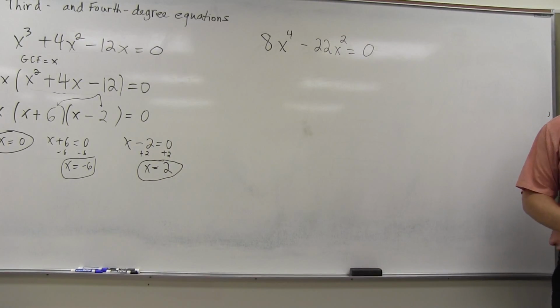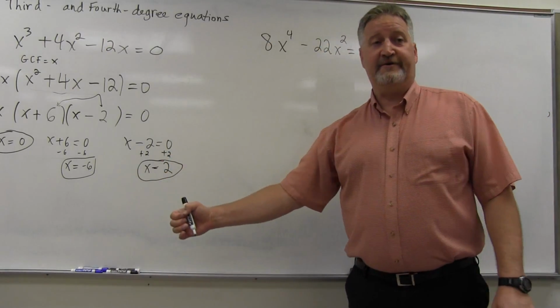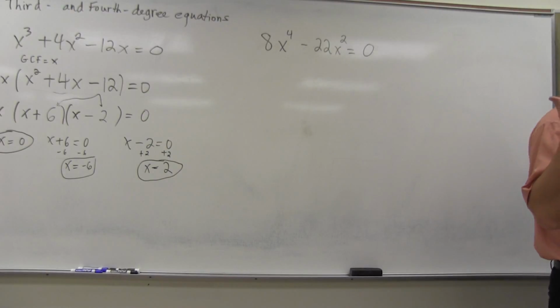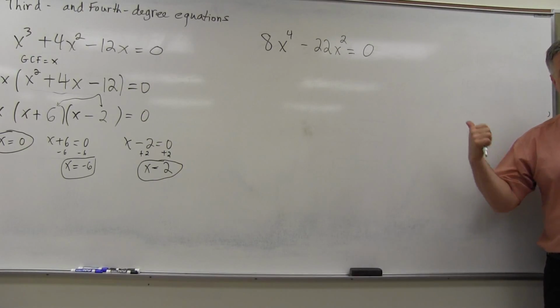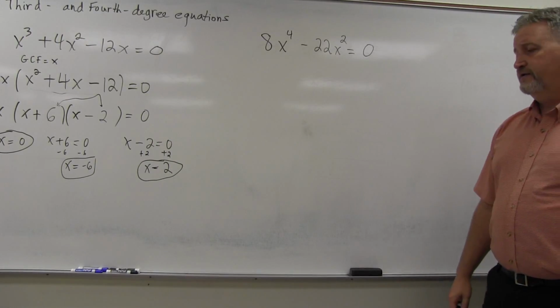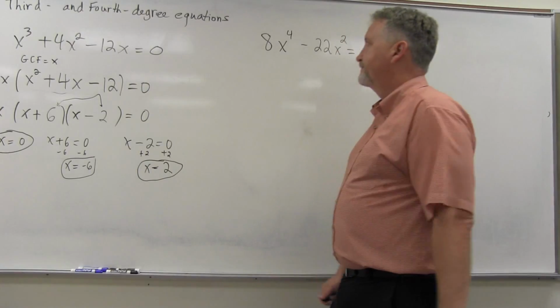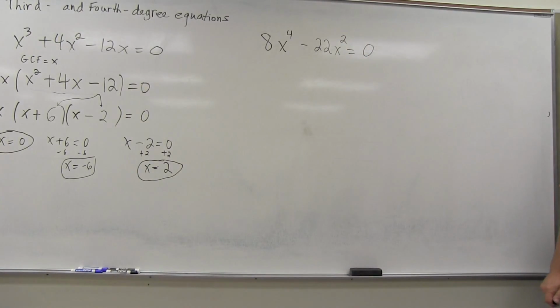And one thing we haven't mentioned yet, but since we are using factoring, for this to work, one side has to be 0. And in both of these examples, so far, one side has started out as 0. But if one side isn't 0, make one side 0. Okay?